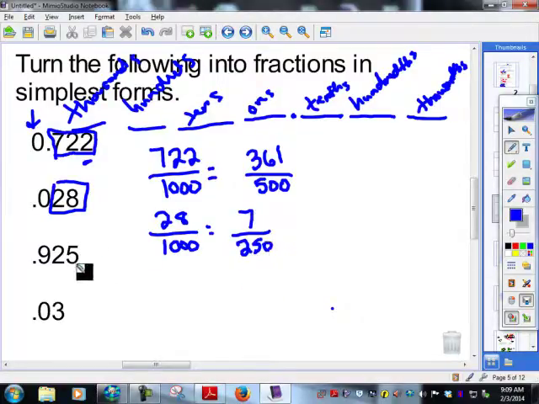Okay, this one here, 925. What place value does the 5 have, Xavier?